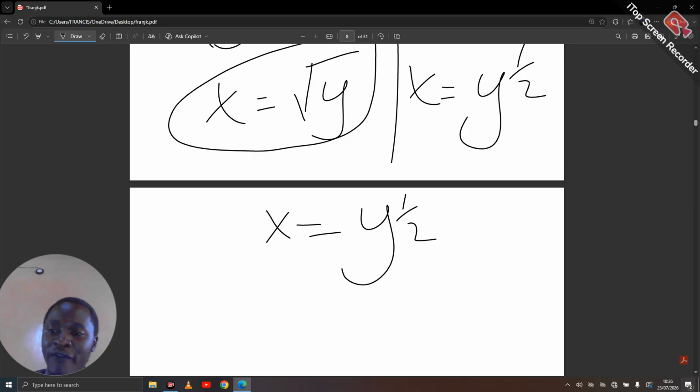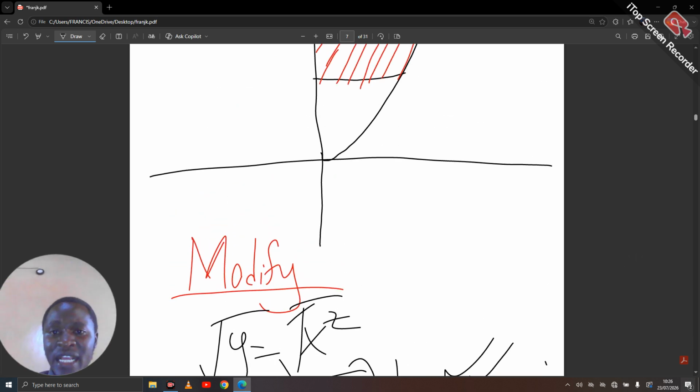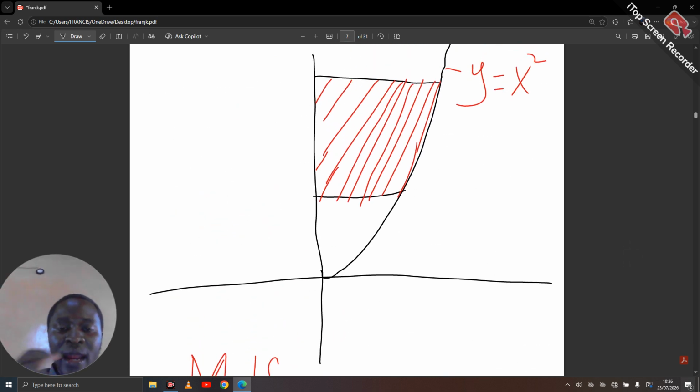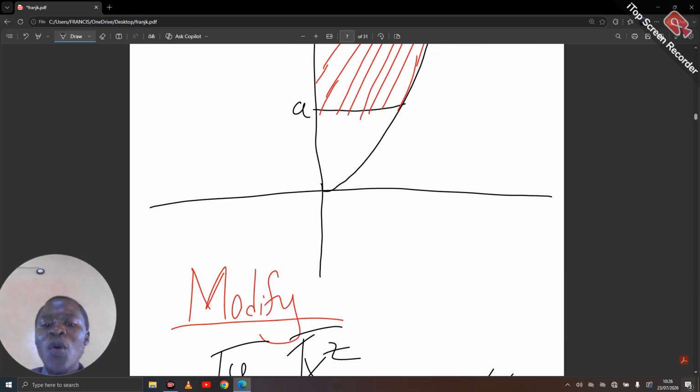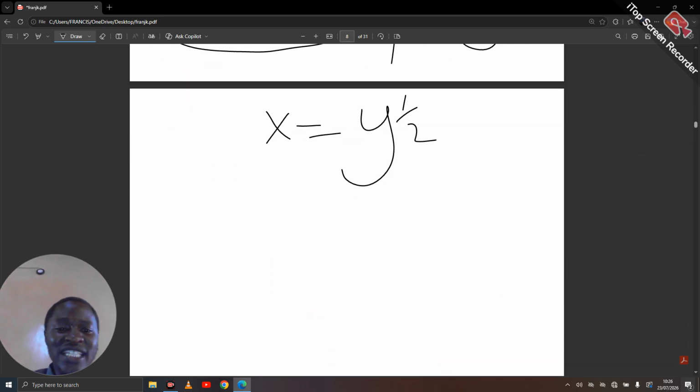That means when we will be integrating, we will be reading the values. For example, let me name here to be a and that to be b. So we will integrate our curve from a to b.